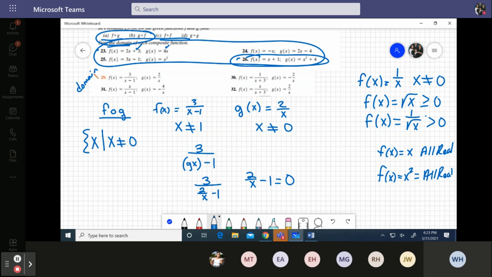Add that 1 to both sides. 2 over x equals 1, multiplying by that x, and x is equal to 2. So my second restriction is that x cannot equal 2. And that is my domain for the composite function.